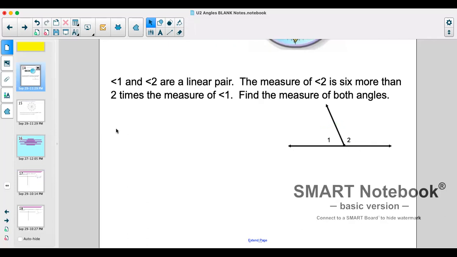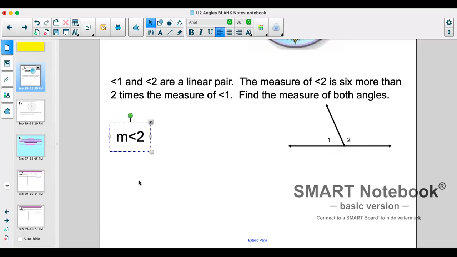The next thing that I know is the measure of angle two. So the measure of angle two is, that usually indicates an equal sign, 6 more, or 6 plus 2 times the measure of angle one. So 2 times the measure of angle one.